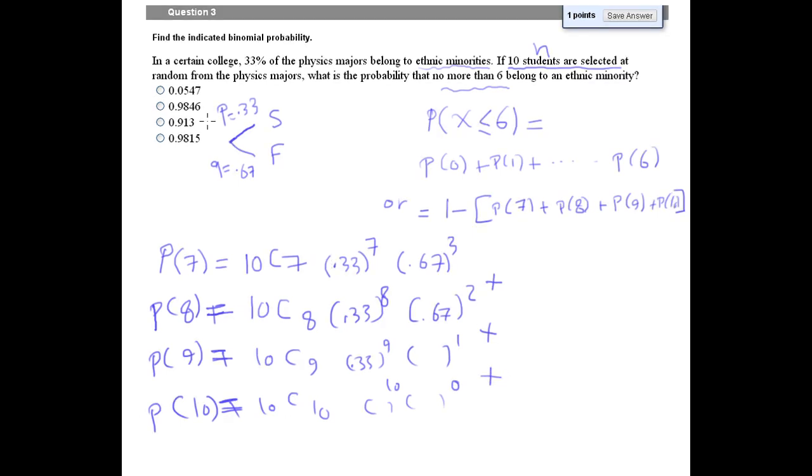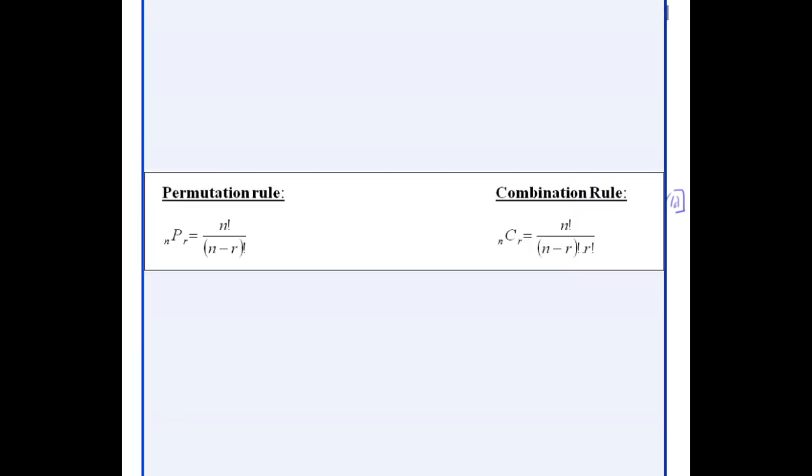Okay, let's continue the solution of this problem. If you have a scientific calculator, you can easily calculate 10C7, which is equal to 120. But if you don't have a scientific calculator, you can use the rule of the combinations. The rule for the combination is factorial n divided by factorial n minus r times factorial r.